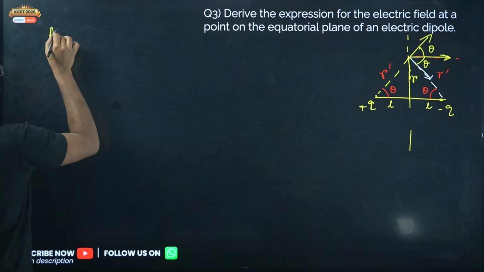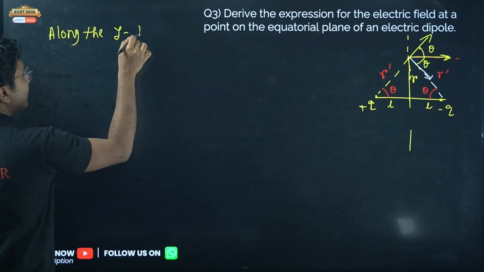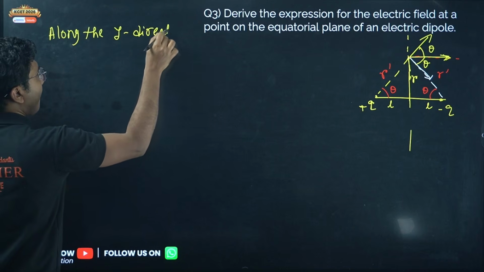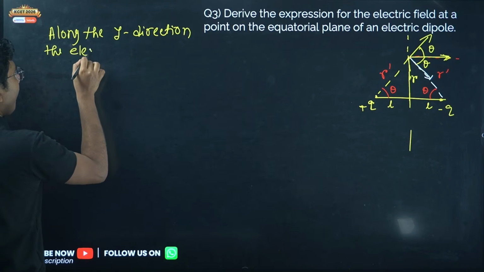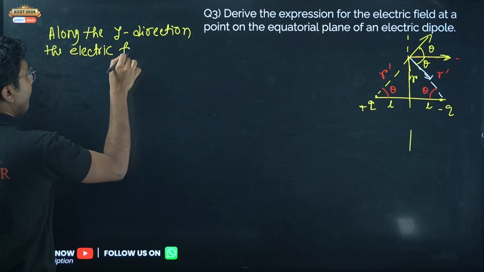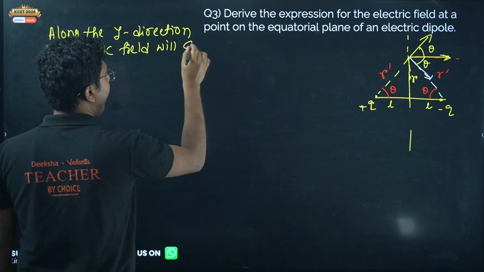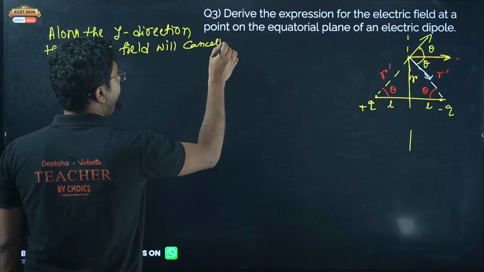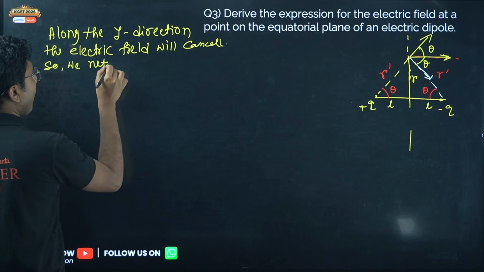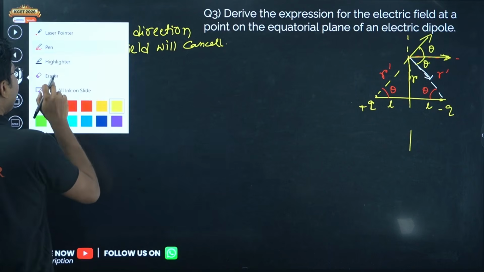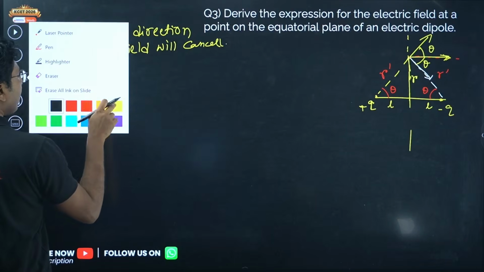Along the y direction, the electric field will cancel. So we need to find the component of electric field.